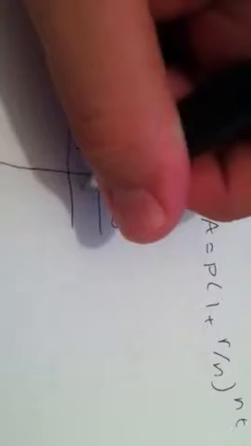R is the rate, the interest rate to be exact. The interest rate in the equation was 2%, which changes into 0.02 because we can't have a percent. So we have to turn it into a decimal.